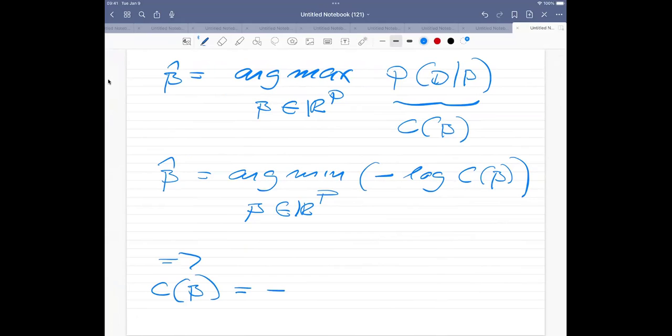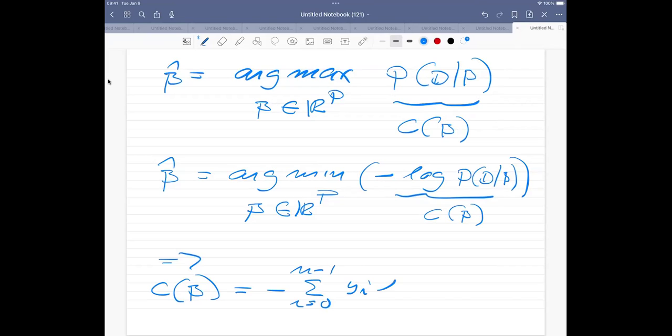I actually was a little bit too fast here. So the cost function is now going to be this probability. So this is our cost function, C of beta. When we do that, we get a sum over all the data points which we have. And the first term gives us y_i, and then I have a log of p_i.